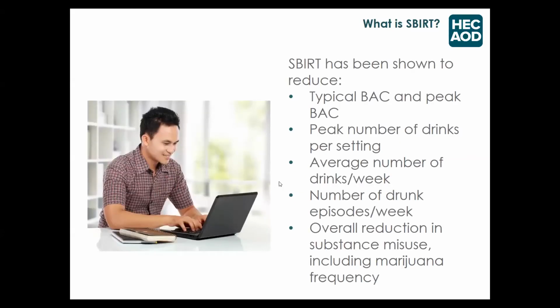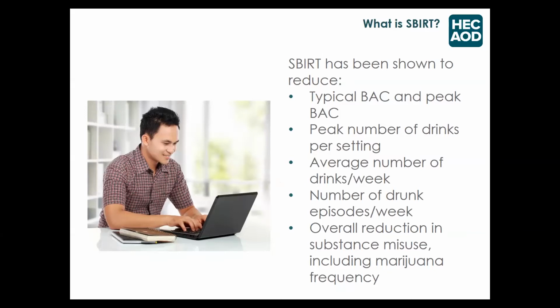So a little bit more about SBIRT, and what has been shown from the research that has been done. It has been shown to reduce typical BAC and peak BAC when students, or people in general, are drinking. The reason I keep using students is that the web-based version we have is specifically for college students, but also, as we'll talk about in a couple of slides, it has been identified as a valuable tool for young adults and college-age students.